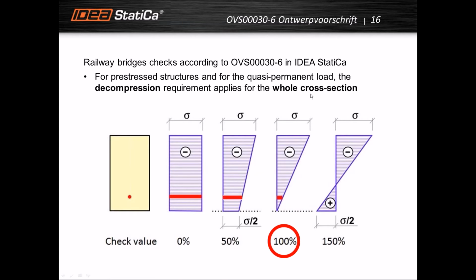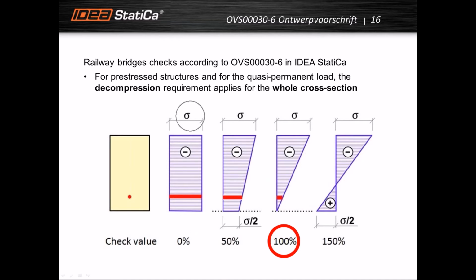So the question was how to evaluate this requirement or this check. As it is a decompression reserve requirement, we relate it to zero stress. You see, when we have zero stress, then actually the compression goes to tension, and we know that we have it used for 100%. That's why we developed a special check value.